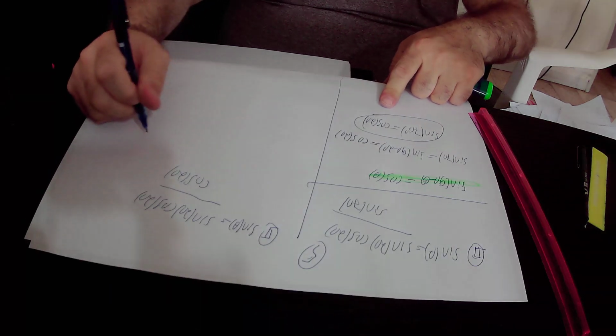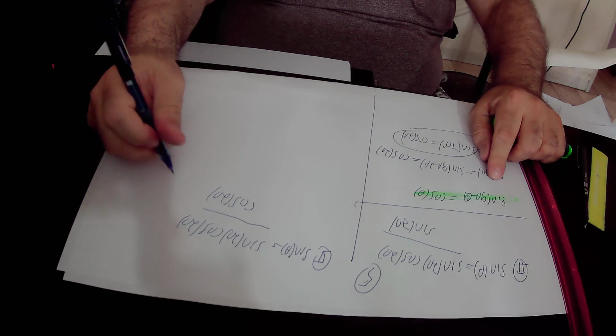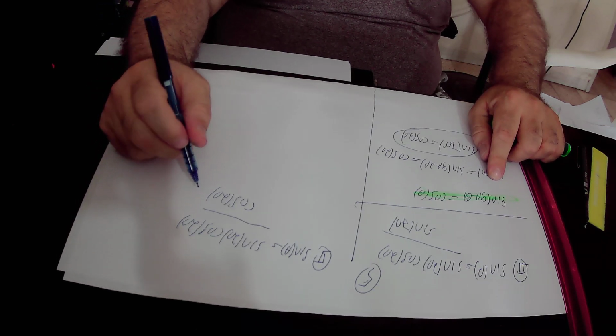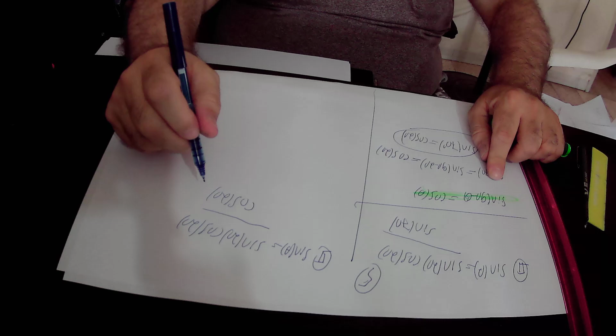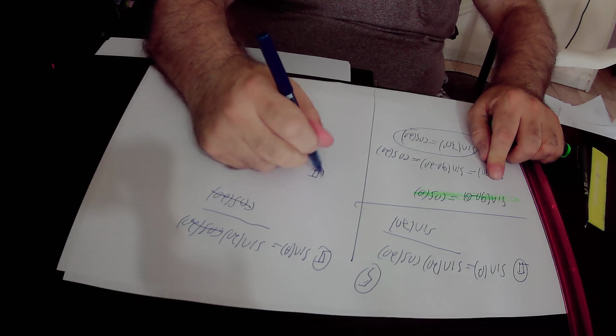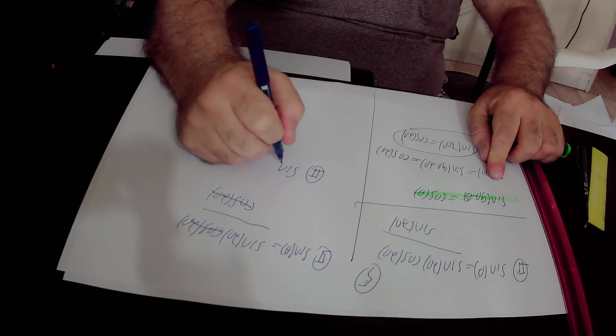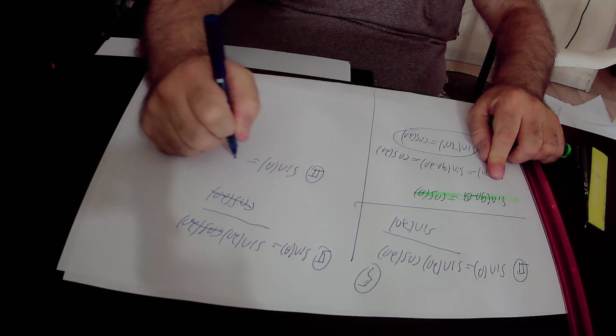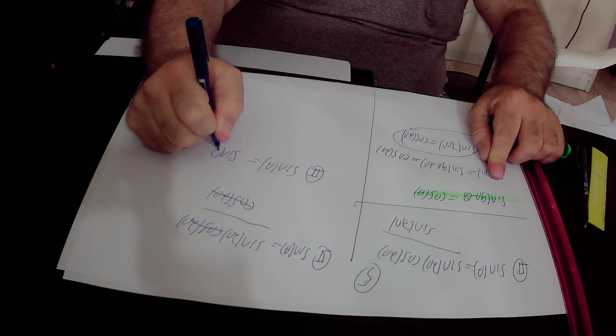Here we have cos 20 degrees in the numerator and cos 20 degrees in the denominator, so cos 20 degrees will get cancelled, and we are left only with sin theta equals sin 20 degrees.